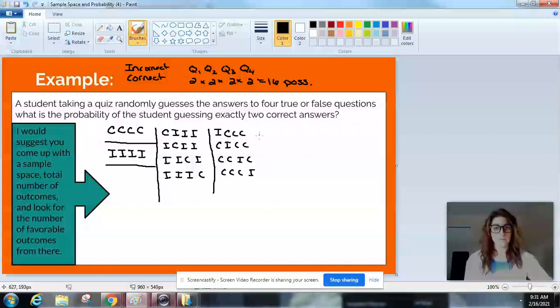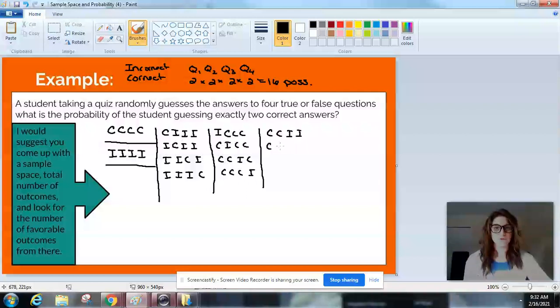Okay, and then the other option is, where are the 2 correct? Now, before I even start that, I want to figure out how many I have to come up with. 16 total, and I have 1, 2, 3, 4, 5, 6, 7, 8, 9, 10 already laid out. So that means there's 6 possibilities I have for having 2 correct. So I could say, what if I get the first 2 correct? That's one option.